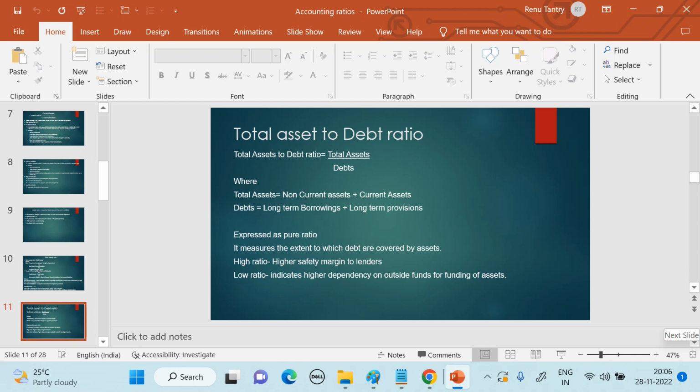The higher the ratio, the higher the safety margin for the lenders, because there are more assets available, so lenders would feel safe. A low ratio indicates that there is more dependency on outside funds for funding the assets. It means the debts are more, and only then will you have a low ratio. Clear? Note this down quickly. Then we'll start with the question I've sent.